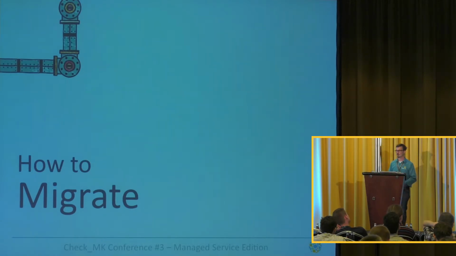So how do I do a migration as a service provider if I have the first CheckMK release with Managed Service Edition? This will happen within one of the next 1.4 releases. The builds for the Managed Service Edition will be in there, and the customers who have this support contract option can directly download the version and start working with it.